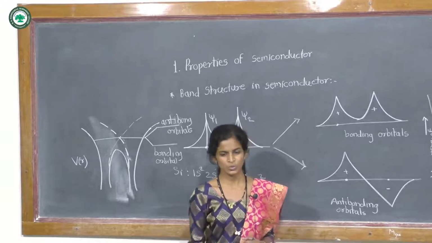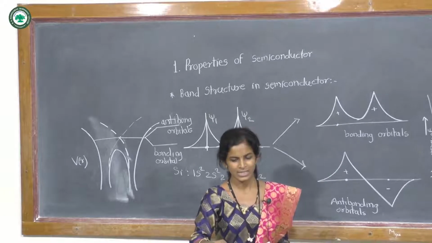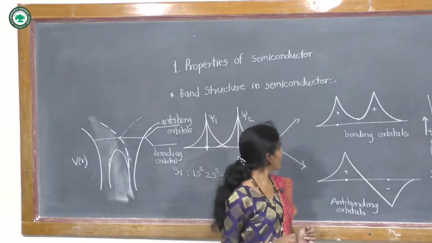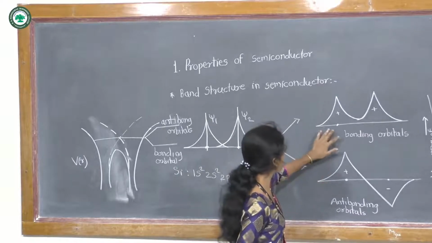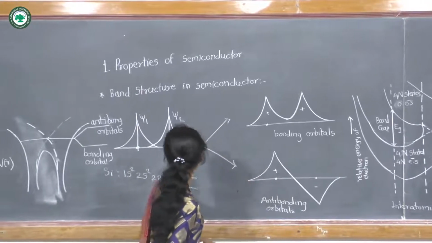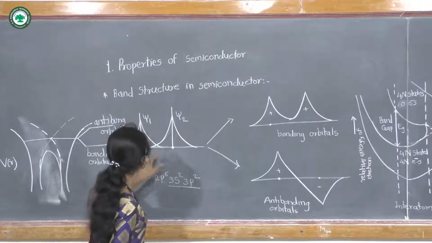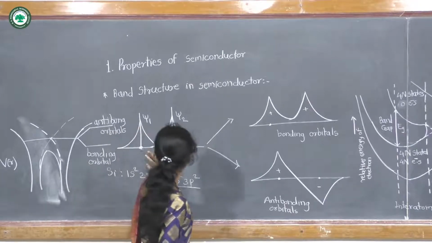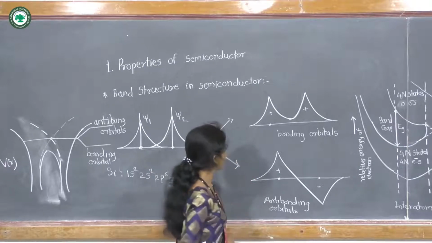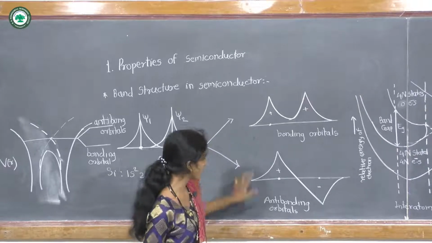And there are 2 possibilities: one is the odd combination and the other is the even or symmetric combination. With the even combination we find the bonding orbital, and with the odd combination we find the antibonding orbital of the respective valence electrons.